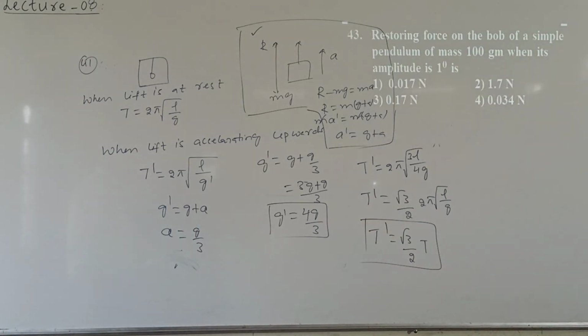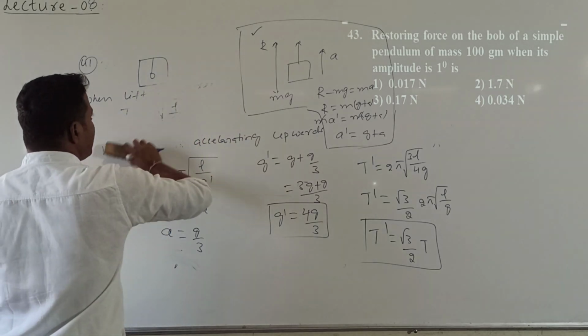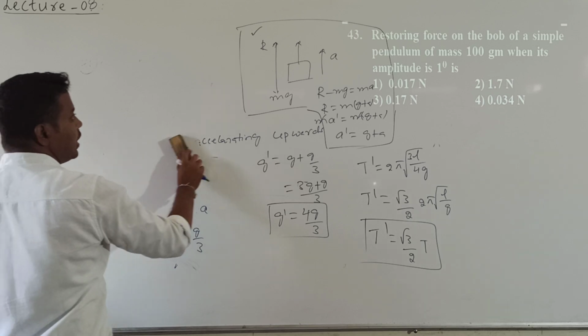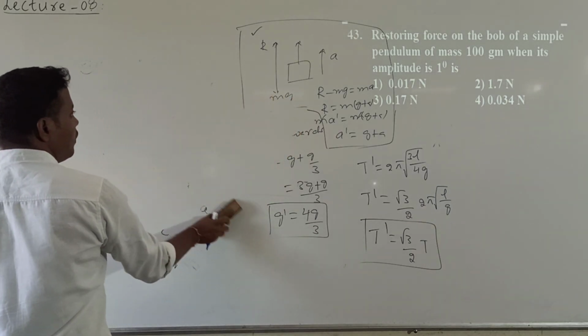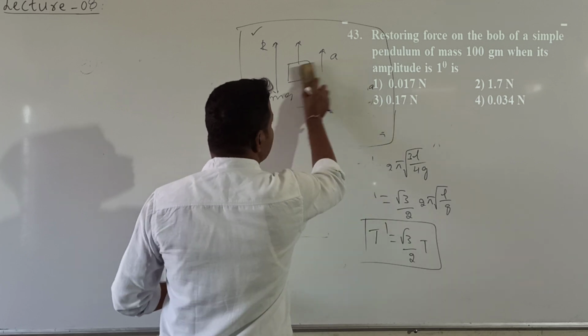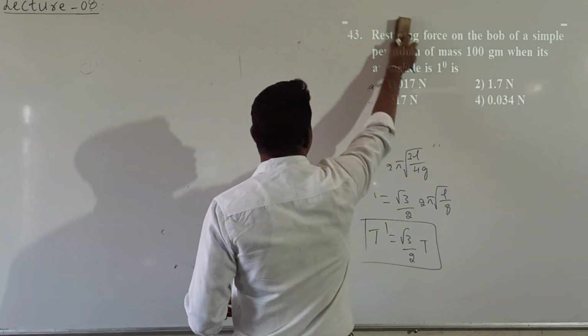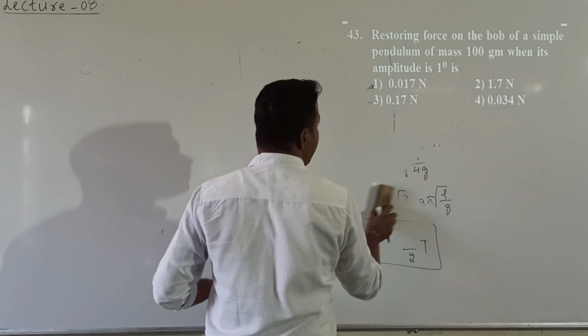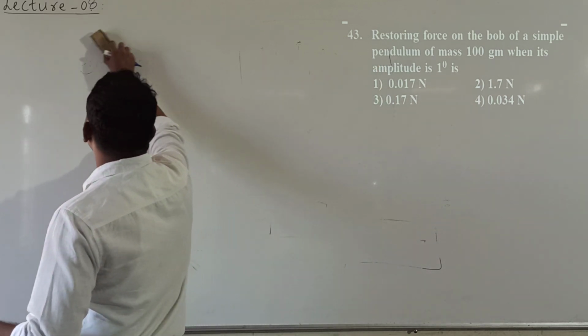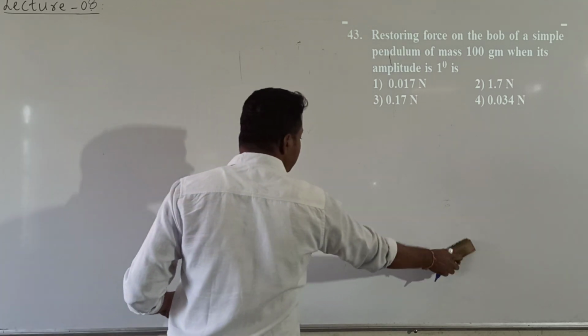Next, question number 43. The restoring force of a bob of a simple pendulum. The mass is given as 100 grams and the amplitude is 1 degree, which is in terms of theta.